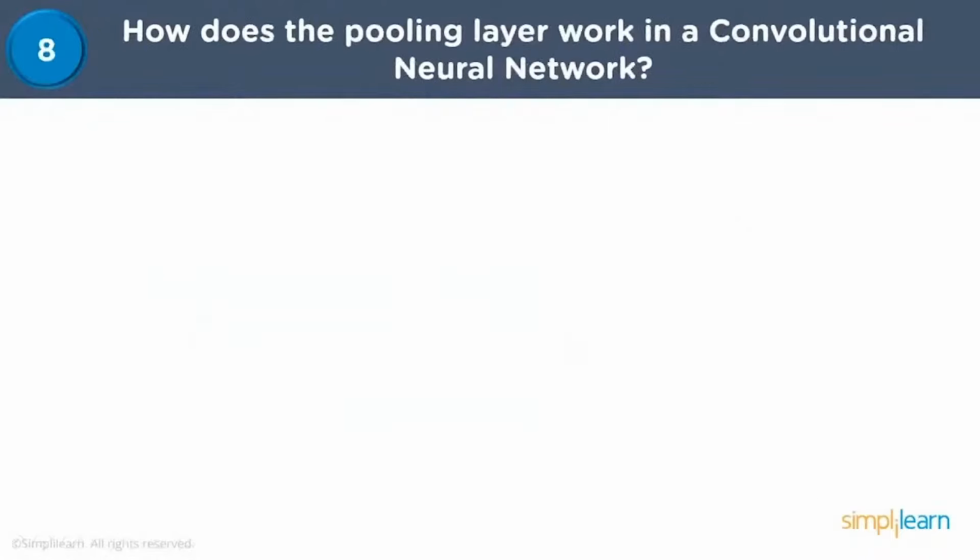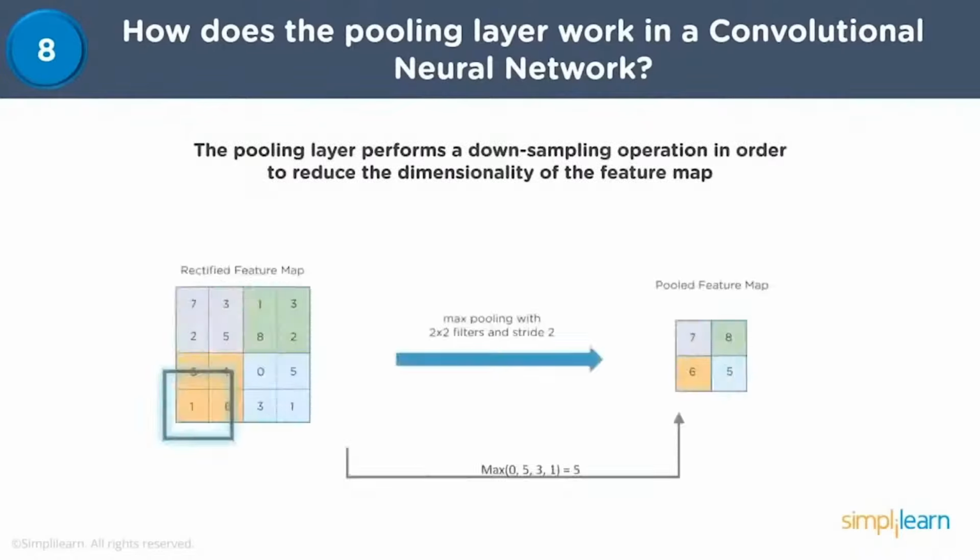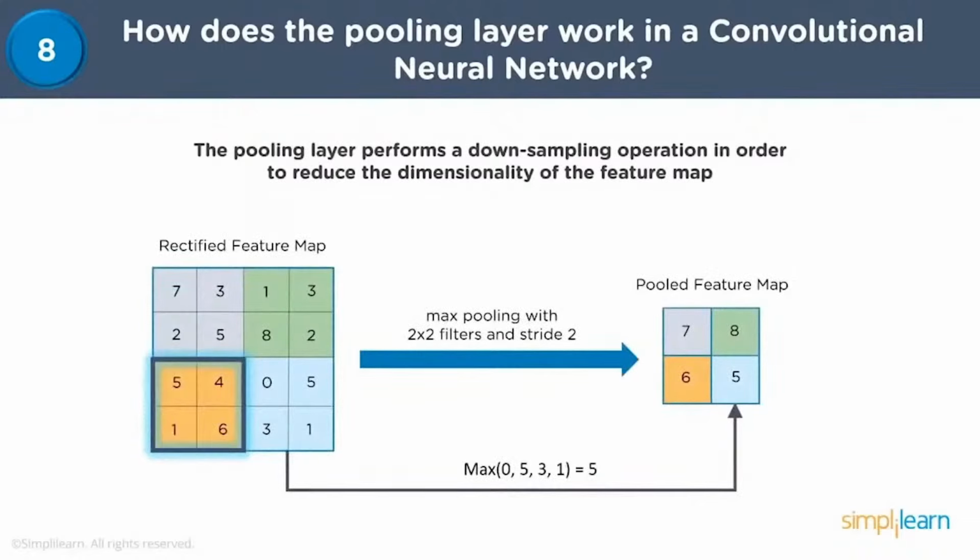Moving ahead, the 8th question in our list is, how does the pooling layer work in a convolutional neural network? The pooling layer performs a downsampling operation in order to reduce the dimensionality of the feature map. In the pooling operation, you slide a two-dimensional filter over each channel of the feature map and summarize the features lying within the region covered by the filter.